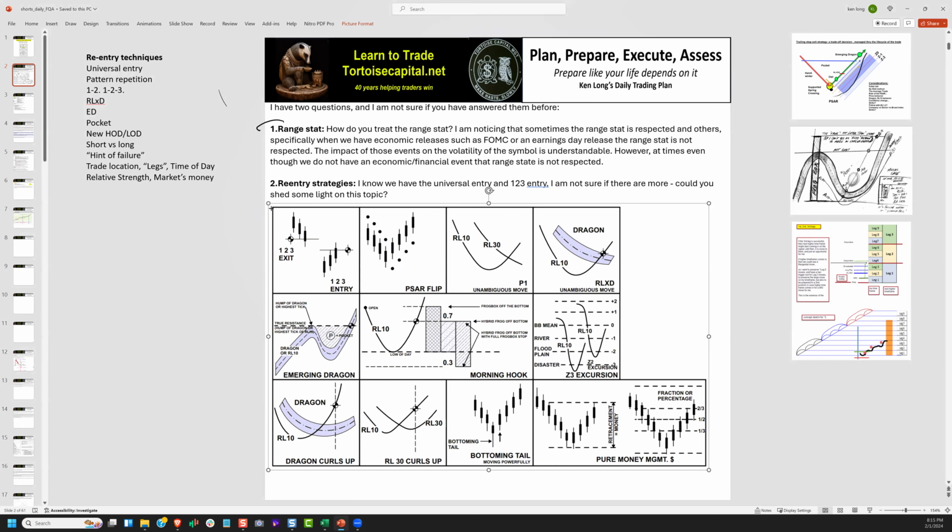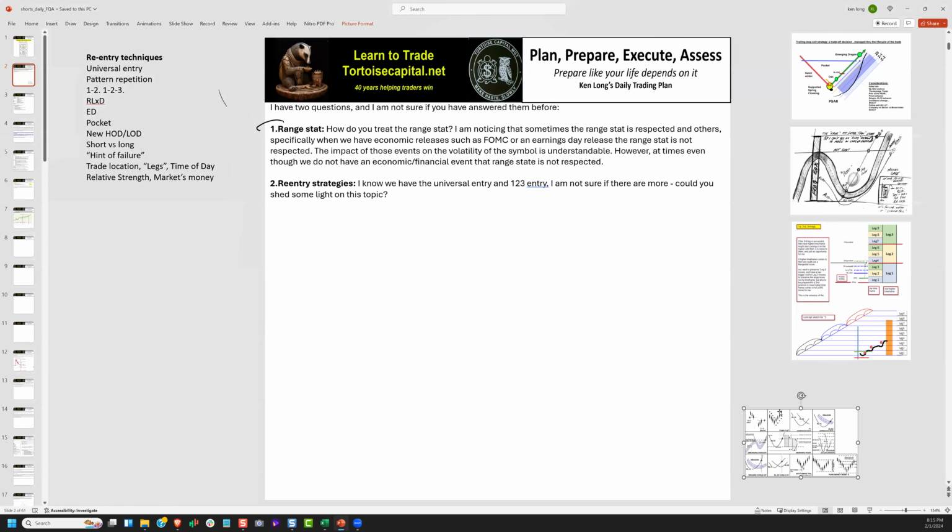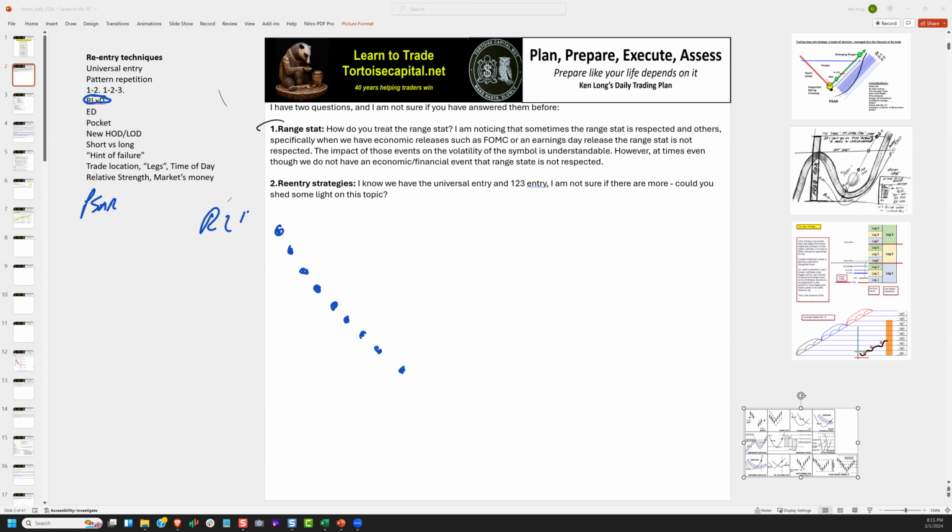The one I just like the best for Kata 2 is the RLXD and the PSAR flip. Actually, the PSAR entry. So remember, the PSAR as we draw it, as we calculate it, is based on the RL10 value.